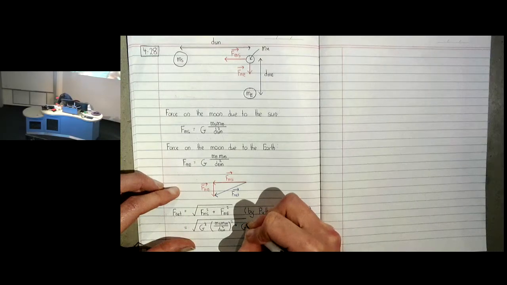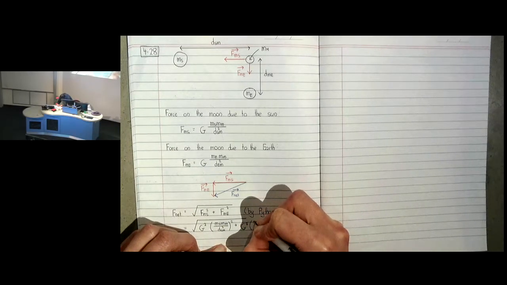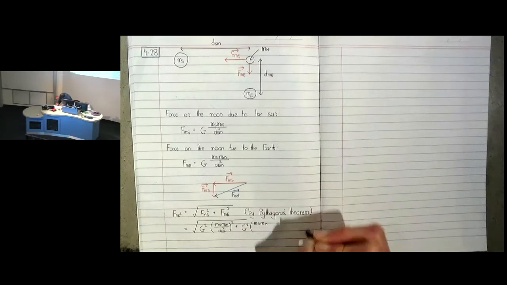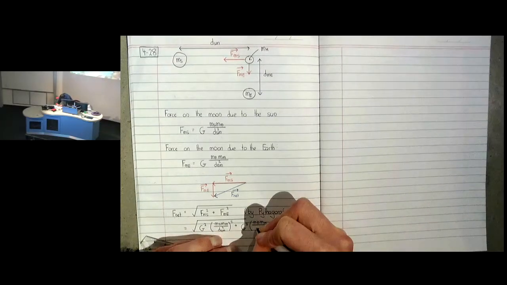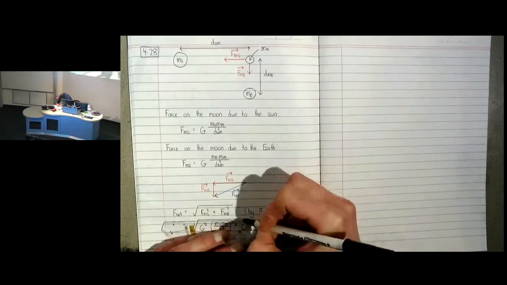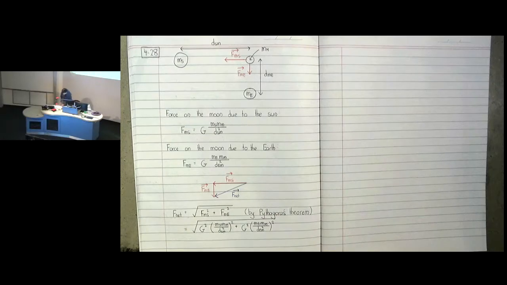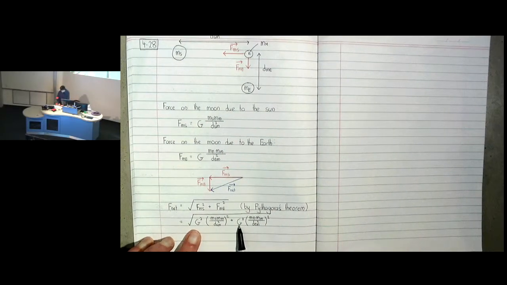So again, I'm going to have a G squared multiplied by M_e and m, and then divided by d_em squared, all squared. Now here what I see is that both of the terms under the square root sign have this factor of G squared.